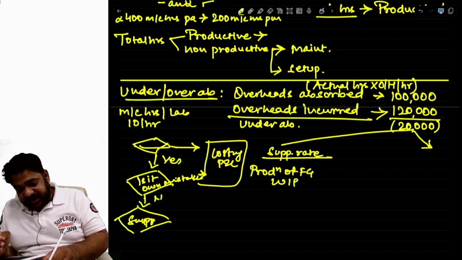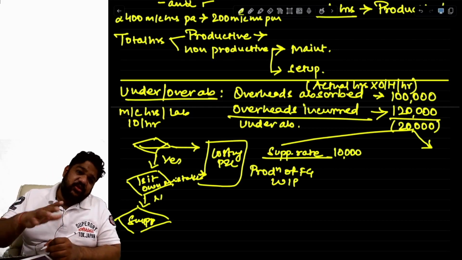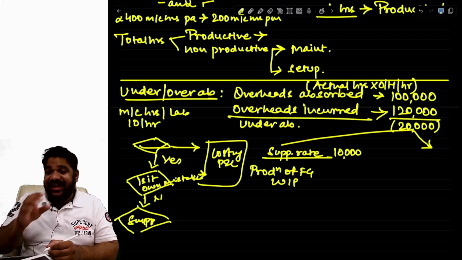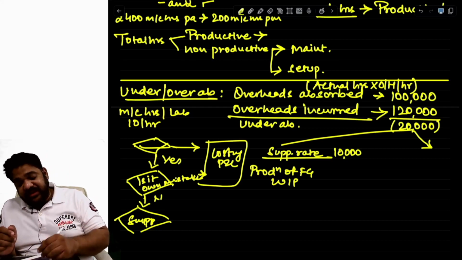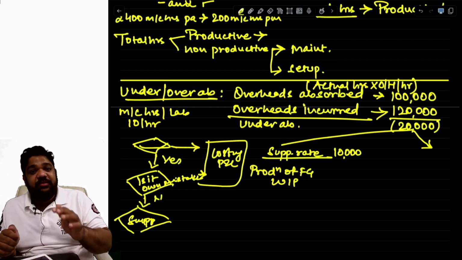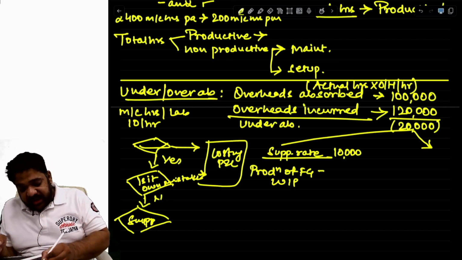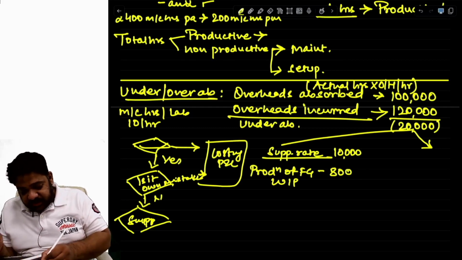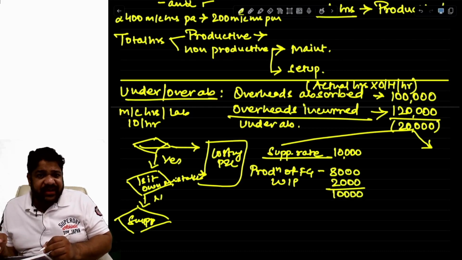Let's say the supplementary rate is for 10,000 rupees, which is not due to our own mistake, it is due to inflation in cost. For this 10,000 rupees you will create a supplementary rate, for the production of finished goods and WIP. Let's say the production of finished goods is 8,000 units and there are 2,000 units of WIP, a total of 10,000 units.